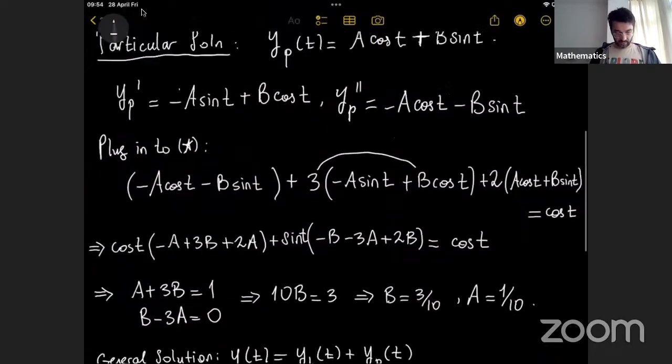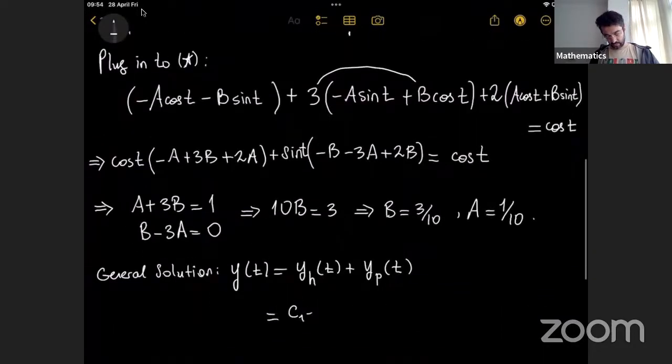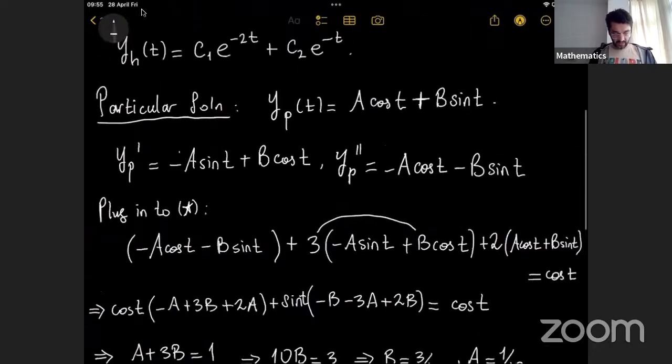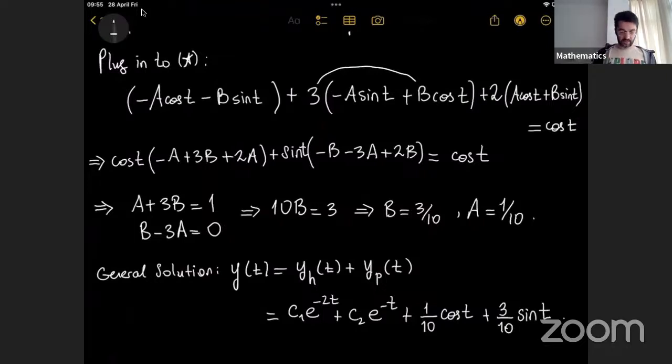Well, the homogeneous part was c1 e to the minus 2t plus c2 e to the minus t, plus now the particular solution, which is a times cosine t plus b times sine t: 1 over 10 cosine t plus 3 over 10 sine t. Okay, that's it. Any question with this solution?